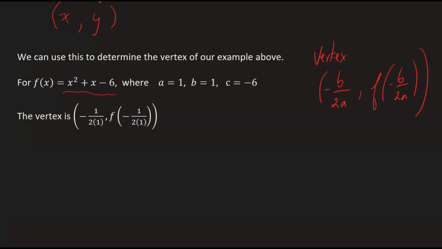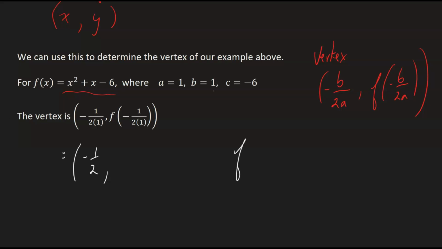When I plug these values into the vertex formula, I get negative b, which is negative 1, over 2 times 1, and that will simplify to negative 1/2. Now for the y value, I need to sub in negative 1/2.